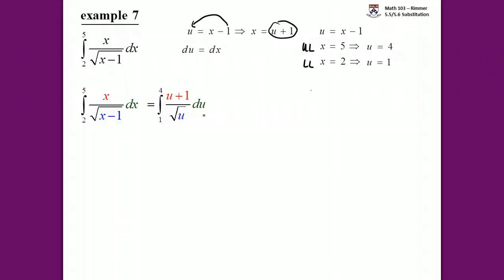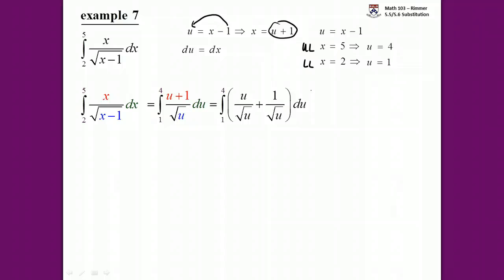With a single term in the denominator like this, we can take the two terms that are in the numerator and divide them each individually by this single term. So we could take u over root u and 1 over root u. And that's great, because then we have something that looks like two individual terms, which we can quickly use the power rule in reverse on.